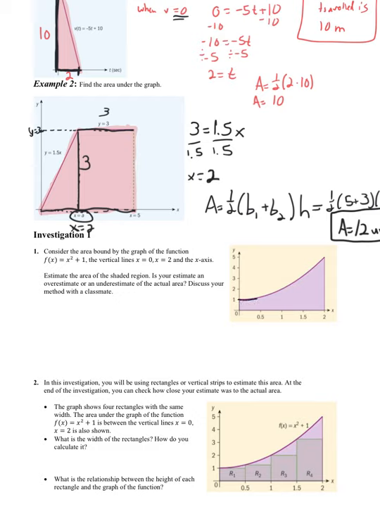It's a parabola, x squared plus 1. And now we're going to try and find the area of this function between the lines x equals 2, x equals 0, and the x-axis.